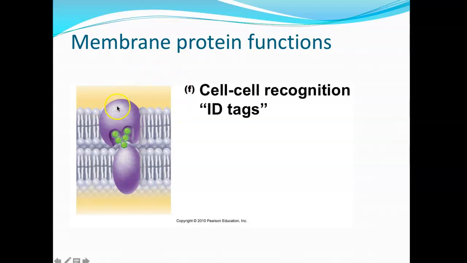And so the one thing I want you to know here, because this is going to be important when we talk about blood type, is this right here is a carbohydrate chain hanging off of this protein, a carbohydrate chain. That is the ID tag, this carbohydrate chain that fits into a protein of another cell. So these are two cells joining together, recognizing each other.